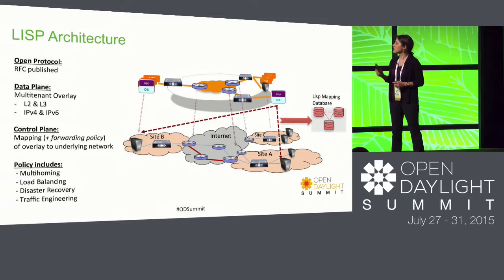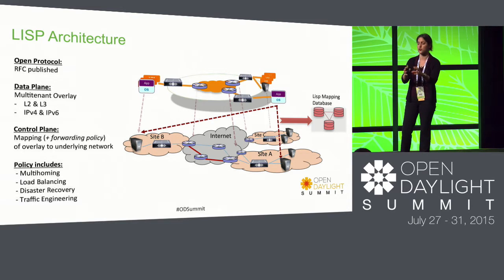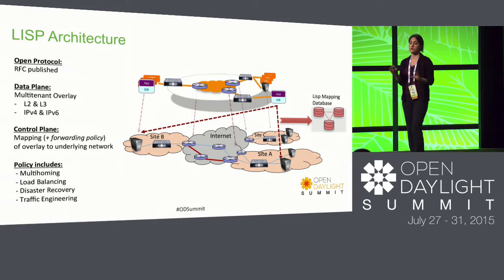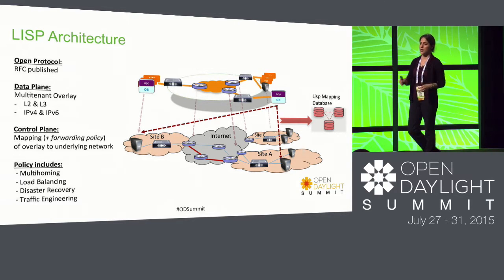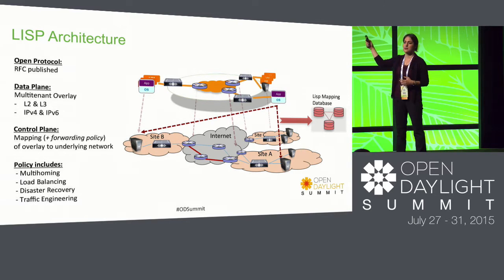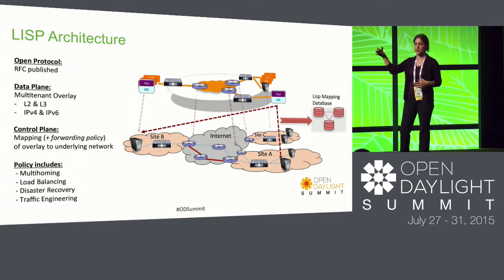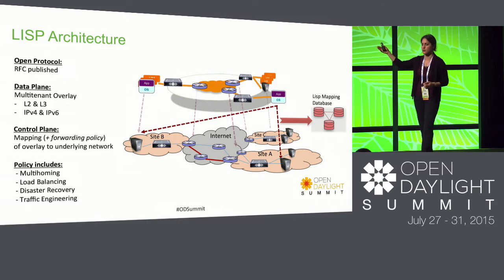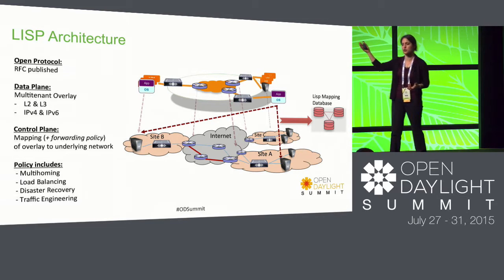Now, the routing locator, though, can change. So the VM can move from one host or one server to the other, or from one switch to the other, or a host can move within a Lisp site to another Lisp site, and so the routing locator would change. And all that needs to happen is updating the mapping system to account for the new mapping of this virtual address or overlay address.